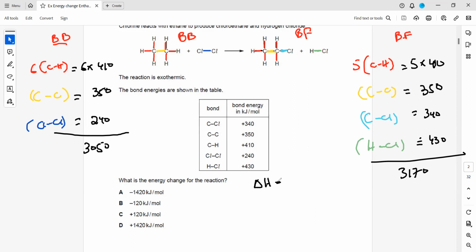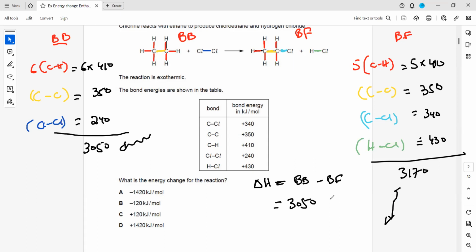How to work out the energy change or enthalpy change for a chemical reaction? Energy change is bond breaking energy minus bond forming energy. This much energy is absorbed, this much energy is released. How much is the difference between them? So bond breaking is 3190. Otherwise it won't match with any result.